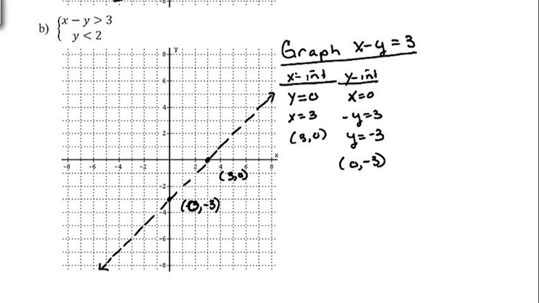Okay, and so now in red, we'll graph the other line. We want to graph y equals 2, and we're going to graph it as a dashed line because there's no equal sign. That's a horizontal line.